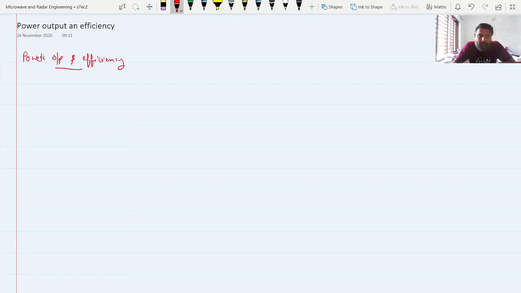Each cavity can be represented as an inductor as well as a capacitor. There I have indicated the resonant frequency. So each of the 8 cavities can be made in the form of a resonant circuit. That's the first point I had to discuss with respect to efficiency as well as output power.